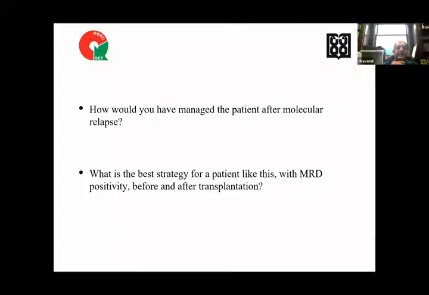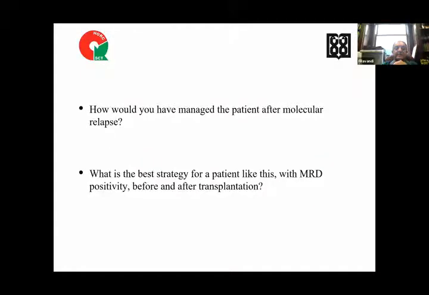But as you saw in that study, only 50% of patients converted to MRD negativity. So although azacitidine is an option that we use, it is probably not the most effective option. It's just for a lack of better options.